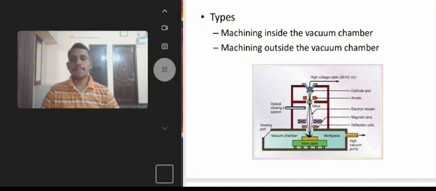Since the power density is very high, about 6500 billion watts per mm², it takes a few microseconds to melt and vaporize the material on impact.